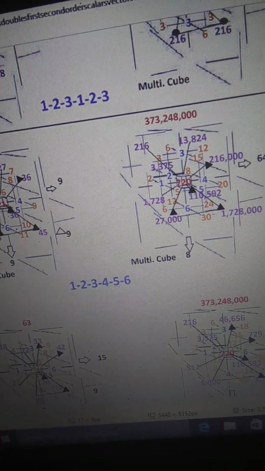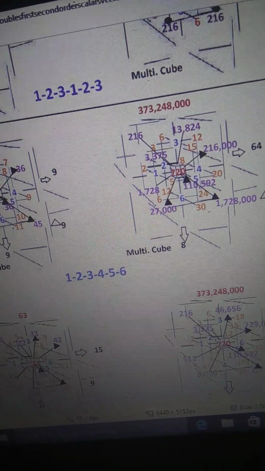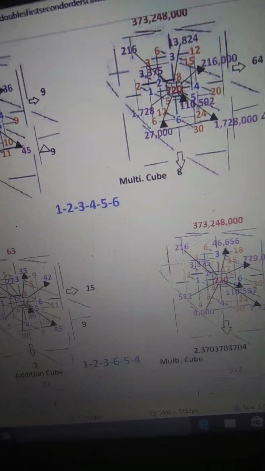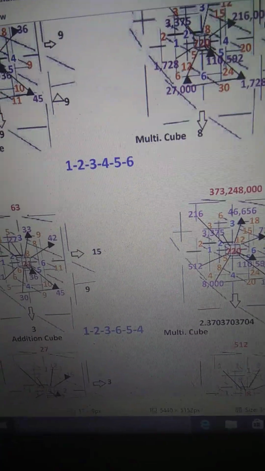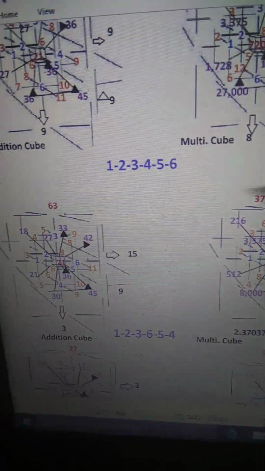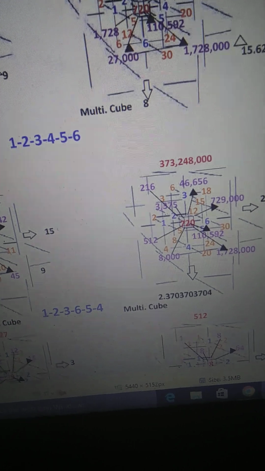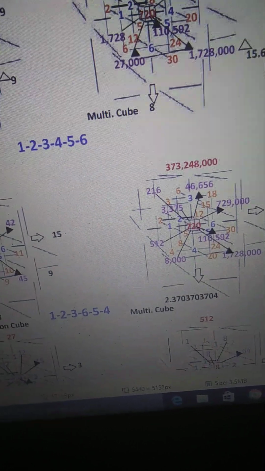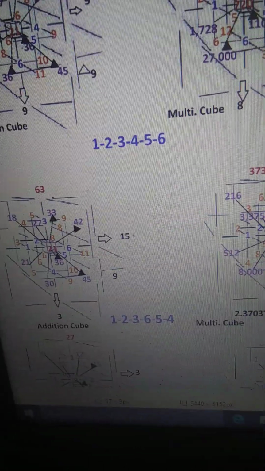But in this special case, I decided to test out 1, 2, 3, 6, 5, 4. And this has 2 vectors going down and 2 vectors going up. That's the only instance in this case where they're both conserved in both the multiplication cube and the addition cube.